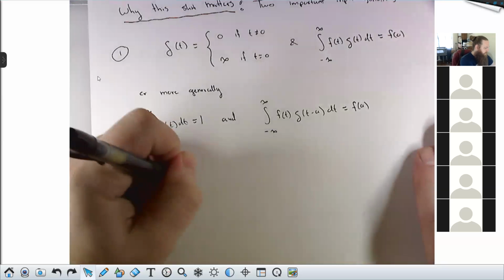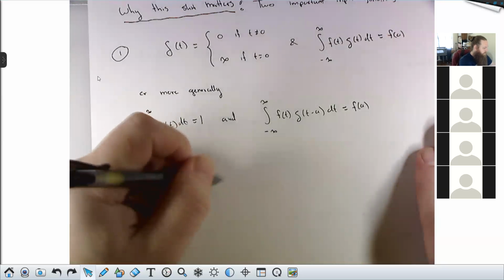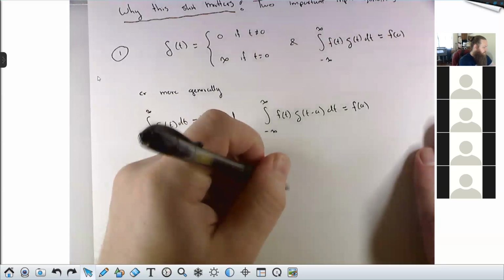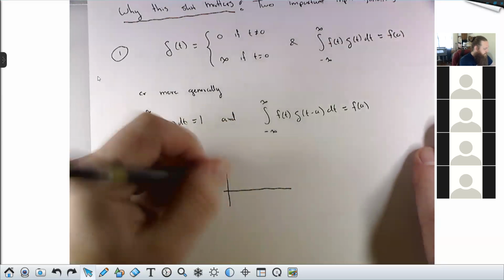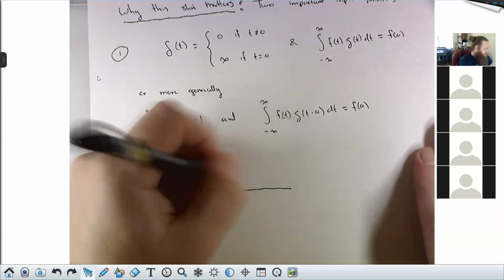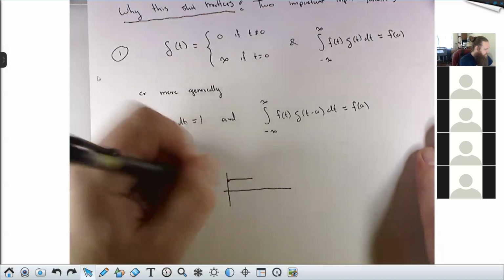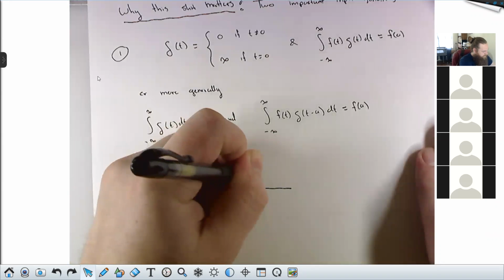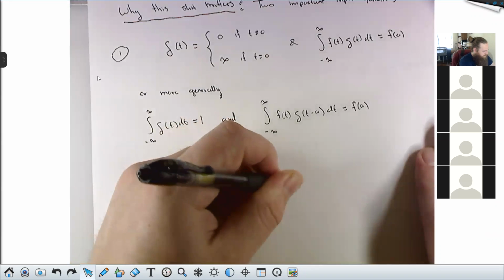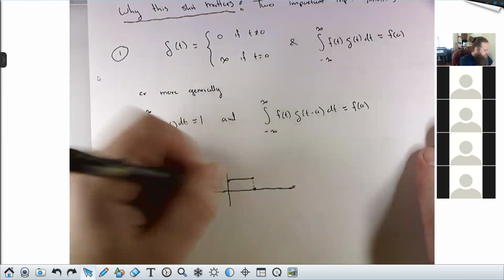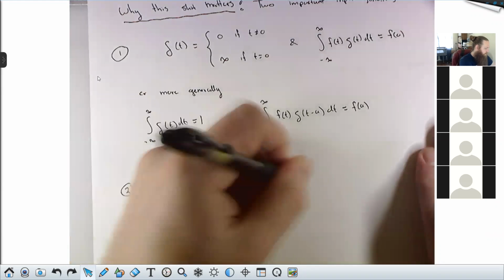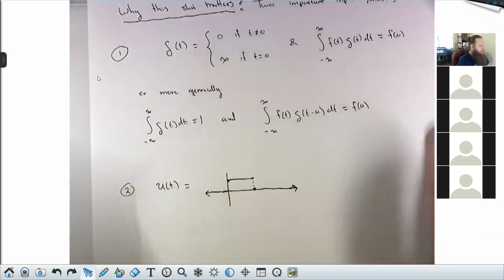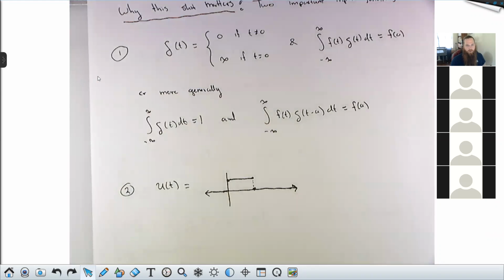And what he does is he's equal to 0, and then he jumps up to being equal to 1, and then he jumps back down. His graph looks like this. Both of these have that feature that the area underneath them from negative infinity to infinity is always 1.